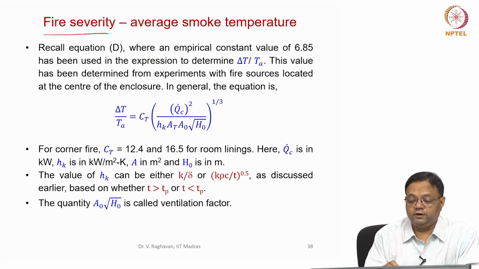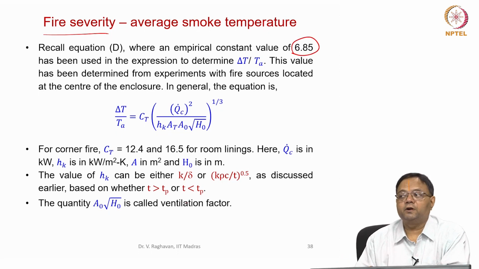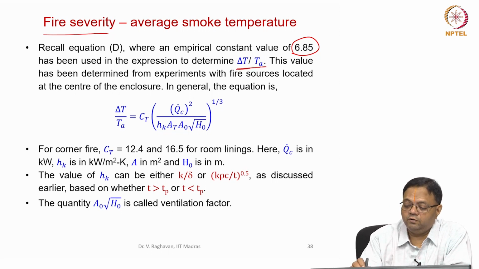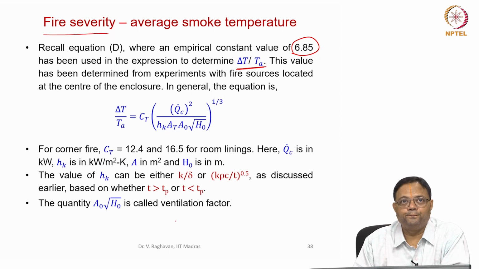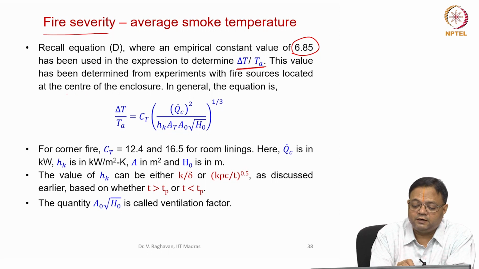Recalling equation D, here we have used an empirical constant of 6.85 to determine the ratio of delta T by TA, and this empirical constant has been determined from experiments where the fire sources are generally located at the center of the enclosure.